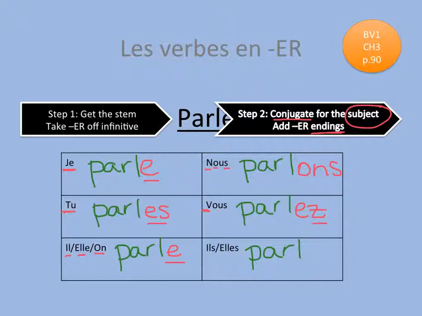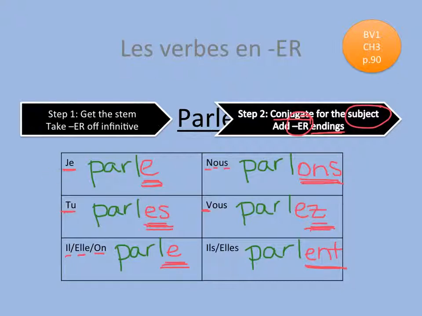And the ending for ils, elles is ENT. So we have E, ES, E, ONS, EZ, ENT. These are the endings for ER verbs.